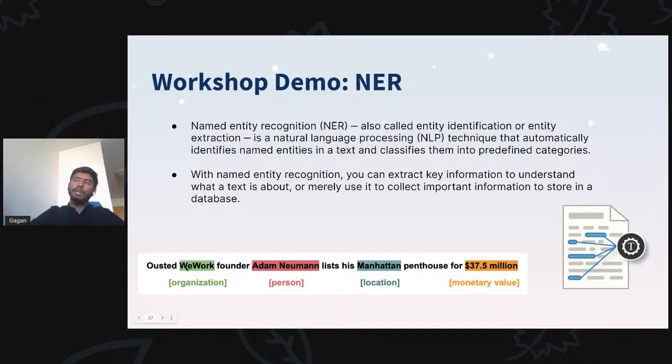We can identify that WeWork is an organization, Adam Neumann is a person, Manhattan is a location, and we also have a monetary value. So this is basically how NER works. In our different demos, we'll be using LSTM models and transformers to build two different NER models, and then we can evaluate them on our different metrics as well.